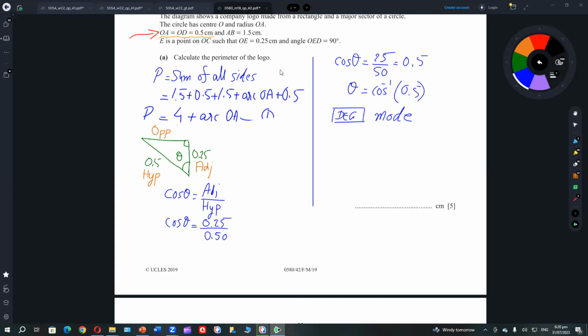Now you have to take out your calculator and do this calculation.